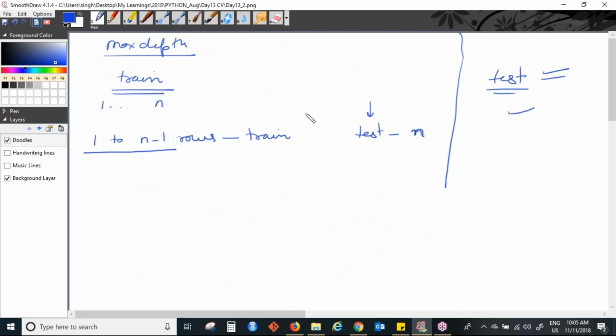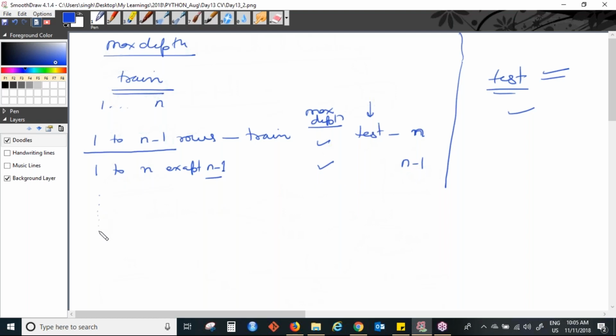Then let's say I decide my max depth parameter. I decide what is the best value of max depth. Now I will go from 1 to n except n minus 1. So n minus 1 is not taken here. That n minus 1th row will come here. That will be my test data, and once again I will find my max depth.